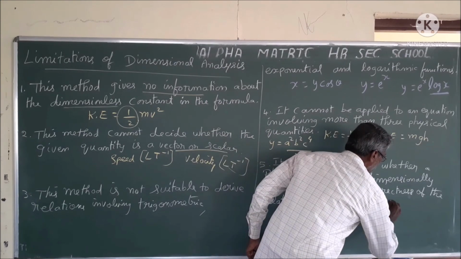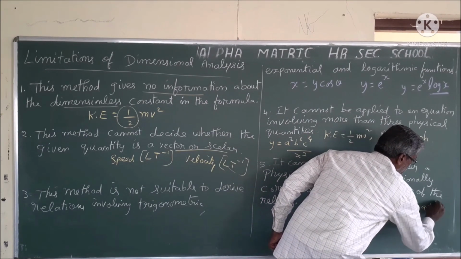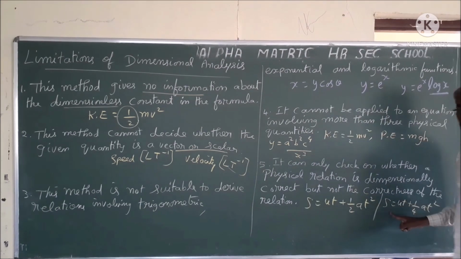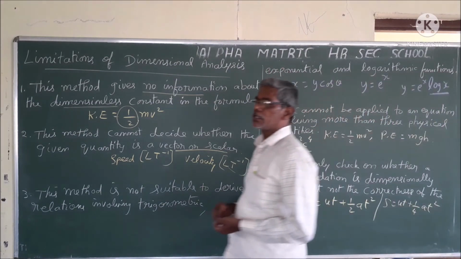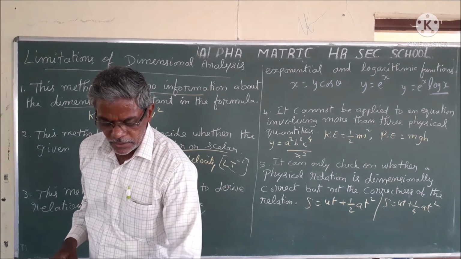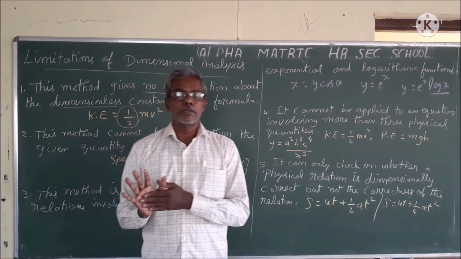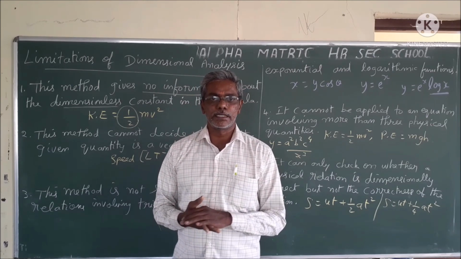But if I write s is equal to u t plus 1 by 4 a t square, dimensionally this equation will be correct, but actually this equation is wrong. So these are the limitations of dimensional analysis. So we have completed the measurement chapter. Next we will go to unit 2, kinematics. Thank you.